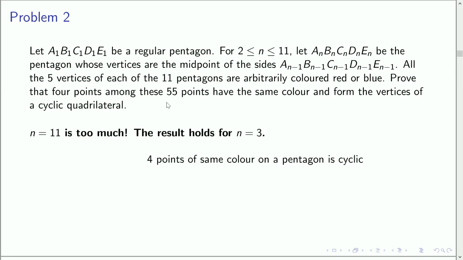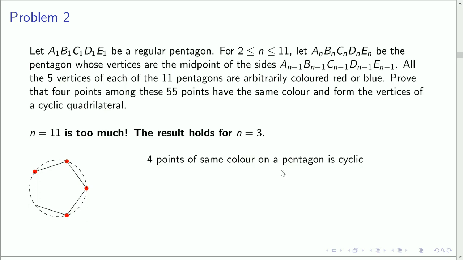So first of all, let's assume that no 4 points on a pentagon have the same color, because otherwise, if there are 4 points of the same color, obviously they lie on a circle because the pentagon is regular. If you take all the midpoints, they will also be regular pentagons.